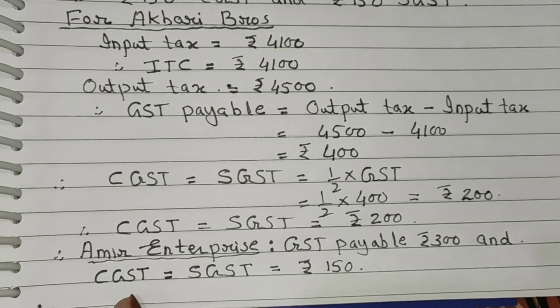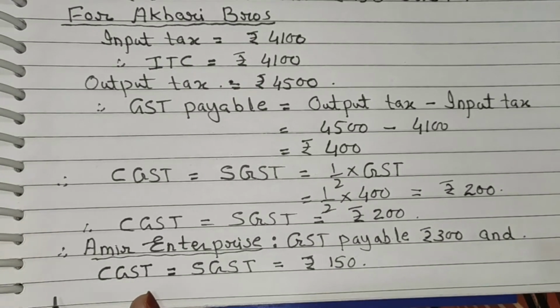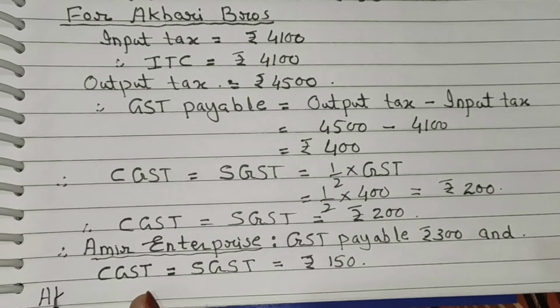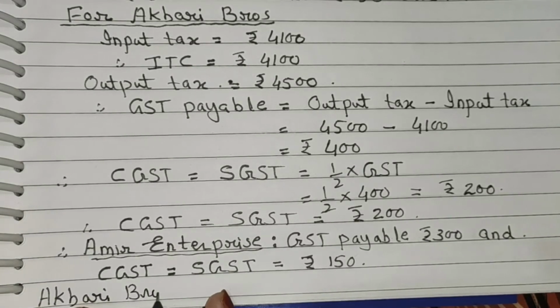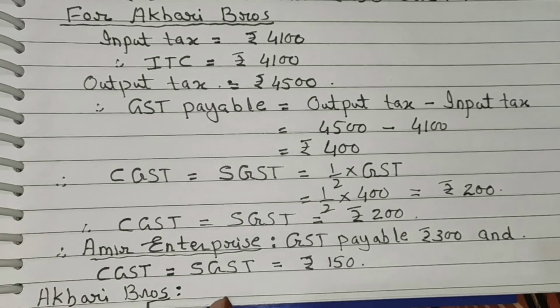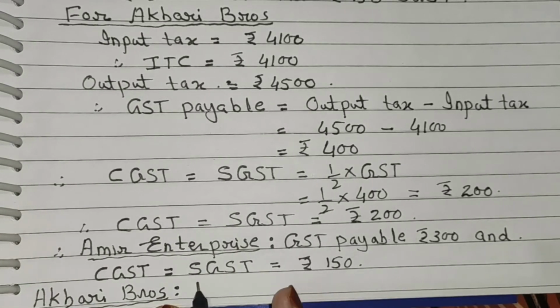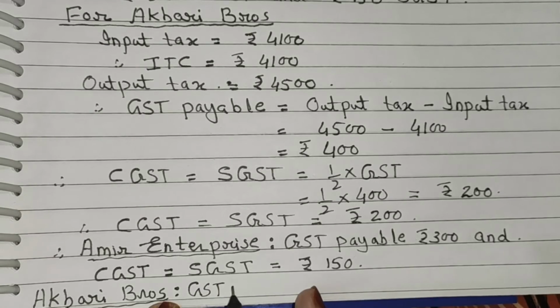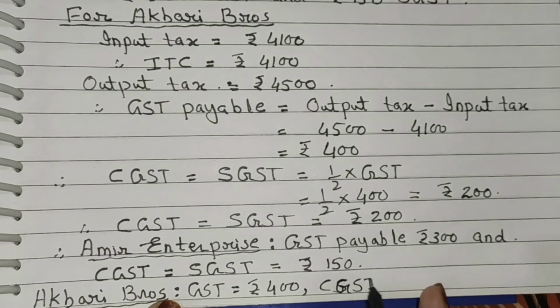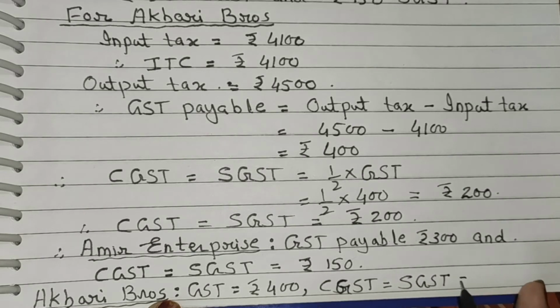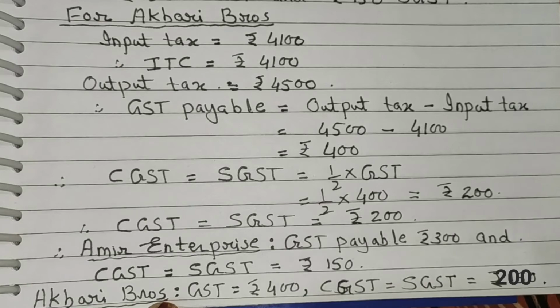And for Akbari Brothers, GST is equal to rupees 400. CGST is equal to SGST is equal to rupees 200.